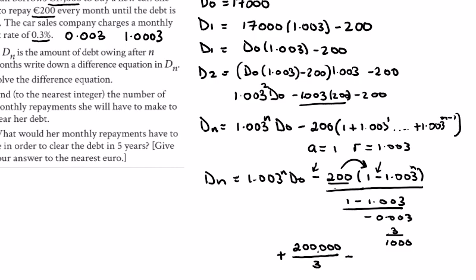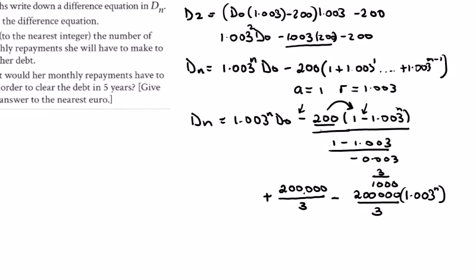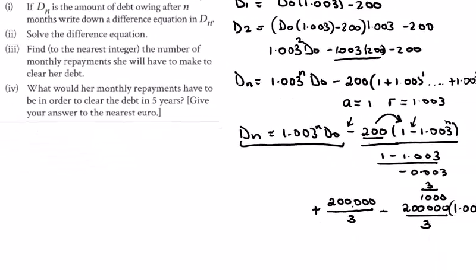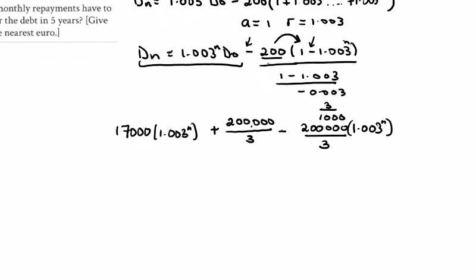We will have 200,000 over 3 by 1.003 to the power of n. At the beginning, we also have 1.003 to the power of n by D0, which was 17,000. So we have 17,000 times 1.003 to the power of n, and then minus, well, which one is bigger?